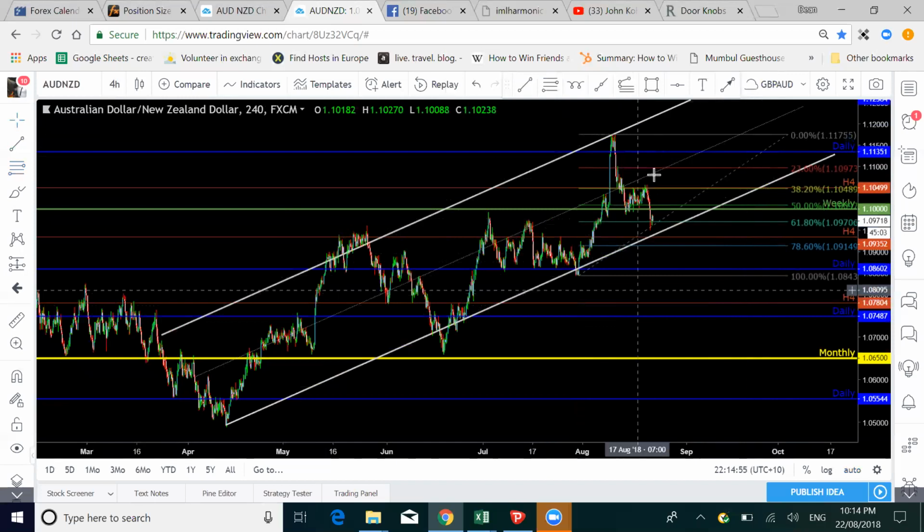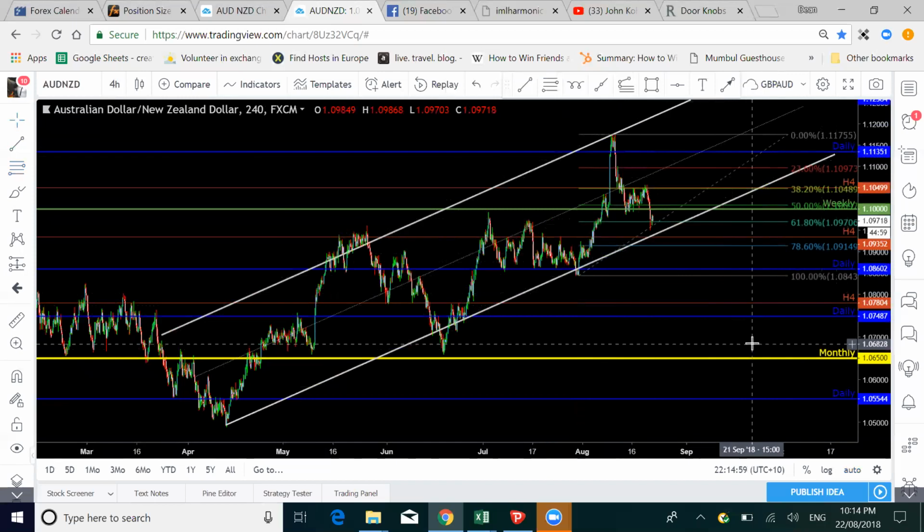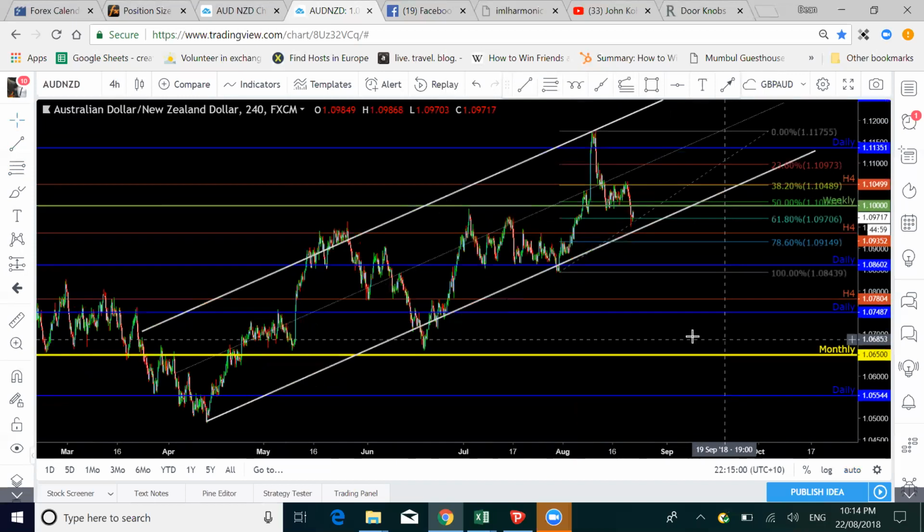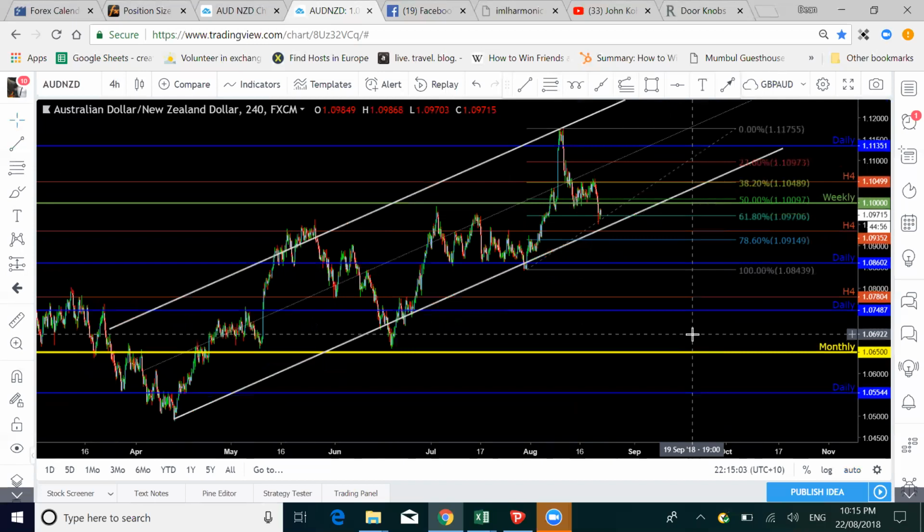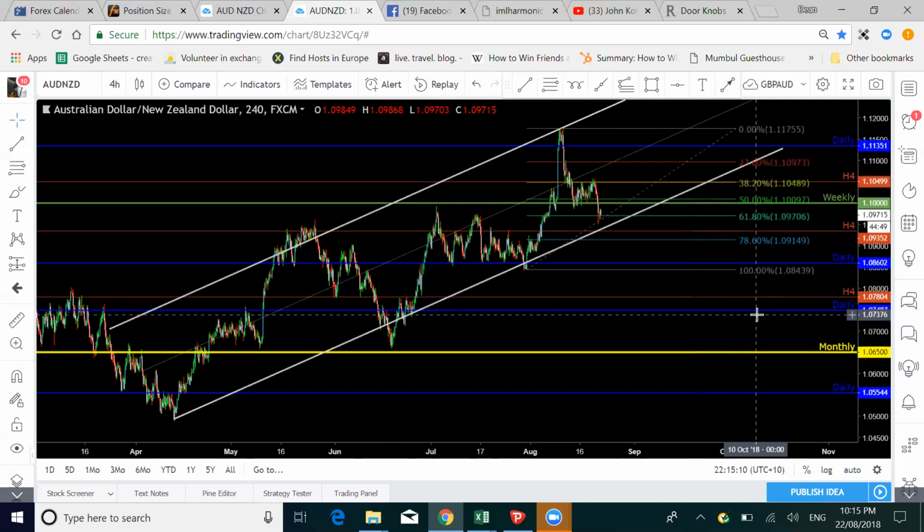You can see we're starting to get a lot of lines. This is why it's key to have all your chart labeled. Otherwise, it just starts getting confusing and looks like a mash of lines everywhere. So interestingly, look at some of these things that are starting to line up. First of all, our 50% line is very, very close to our weekly line.